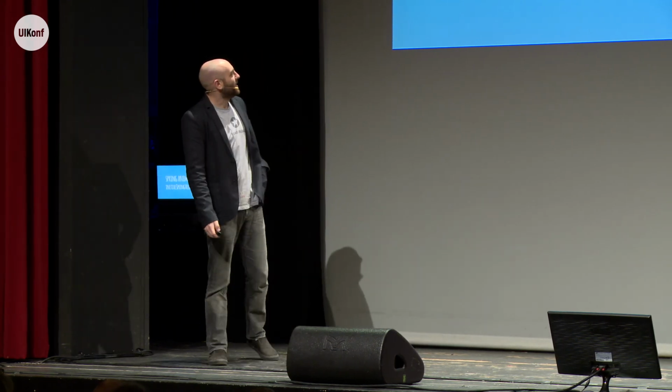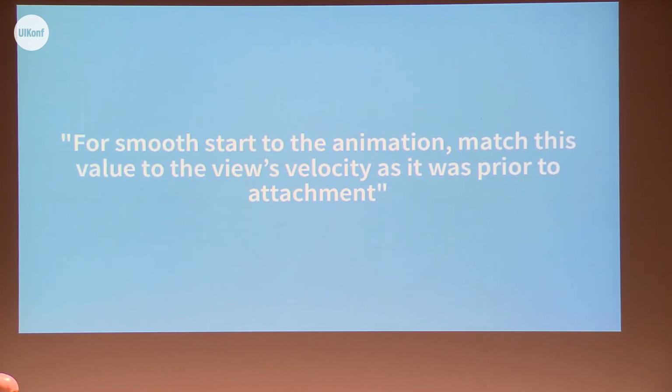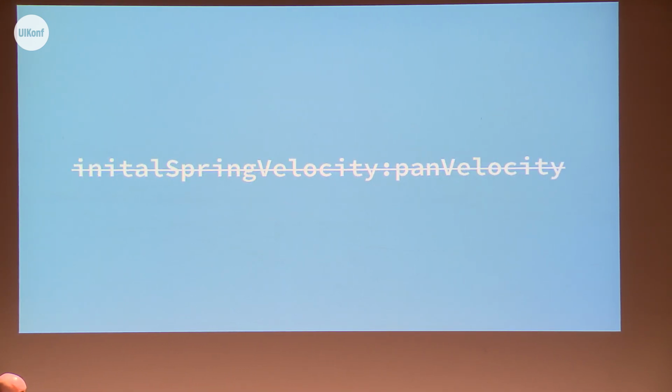Well, spring animation does have an initial velocity parameter, actually. It's called initial spring velocity. And the docs say, for a smooth start to your animation, just match it to your gesture. So you pass in the velocity from your gesture and you're done.